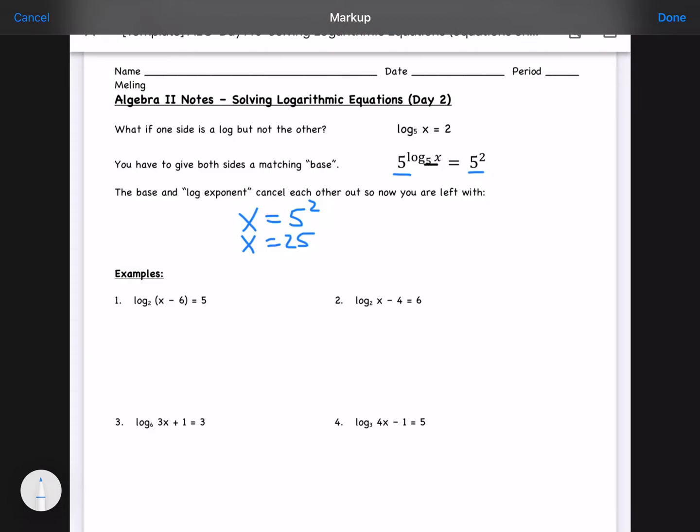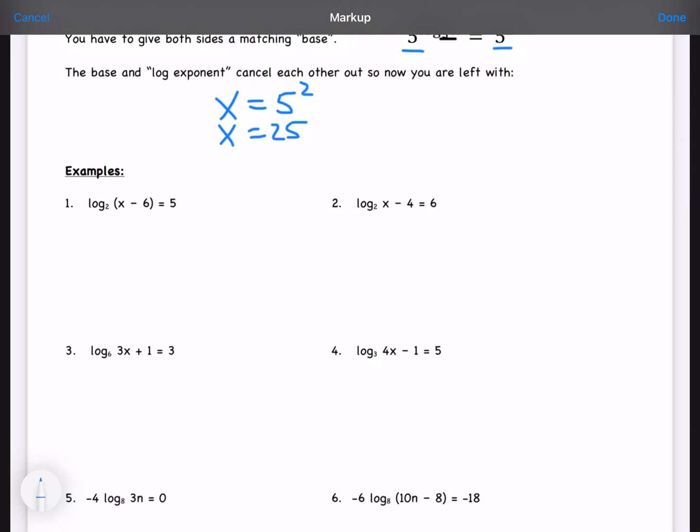So if we go through some of these examples, we see log base 2 of x minus 6 equals 5. So I'm going to put 2 as our base. So 2 to the log base 2 goes away. I'm left with x minus 6 equals 2 to the 5th, which is 32.